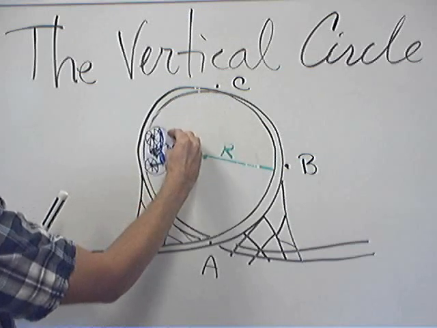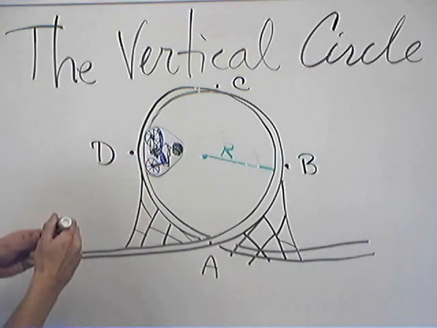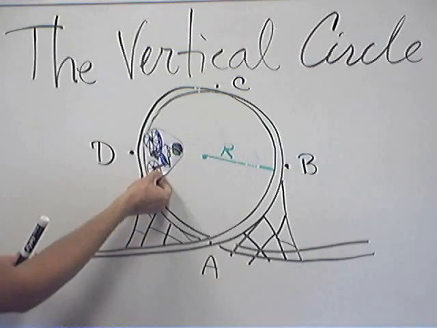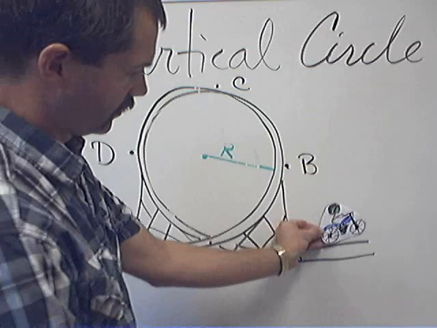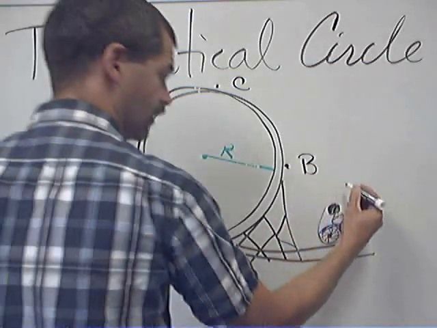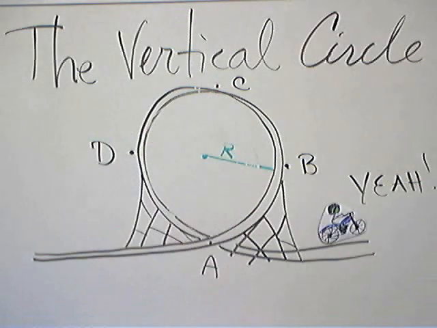And then we keep moving and we're coming down. Hopefully things are going well. Point D. And then we make the loop and we come down and we go out to over here. Yay! Alright, let's take a look at the free body diagram at each point.